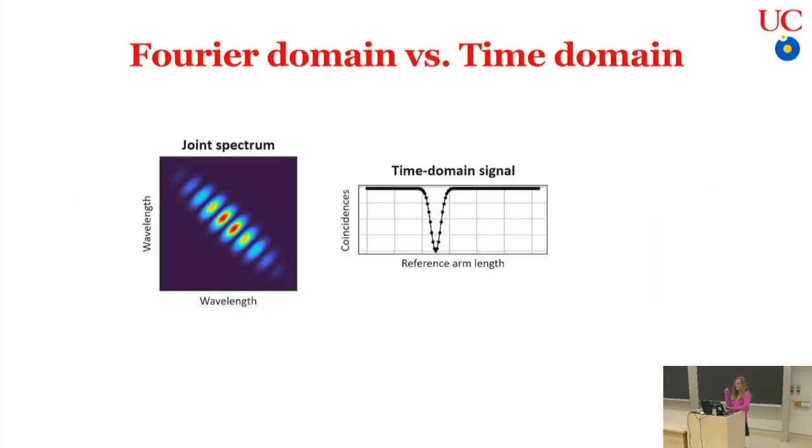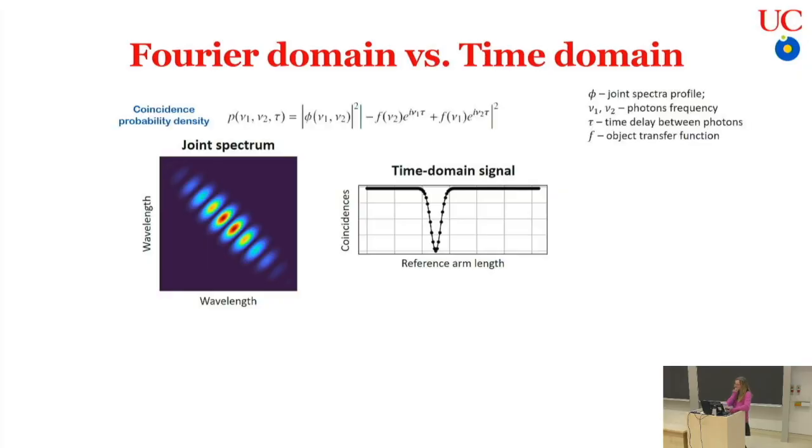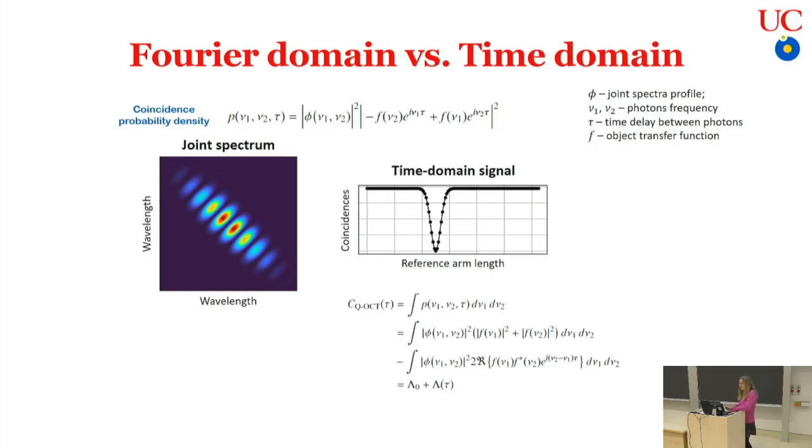Okay, so Fourier domain versus time domain. This is the coincidence probability density, a starting point for the signals in both domains. But in the time domain signal, of course, we have to perform this summation, this integral, right?